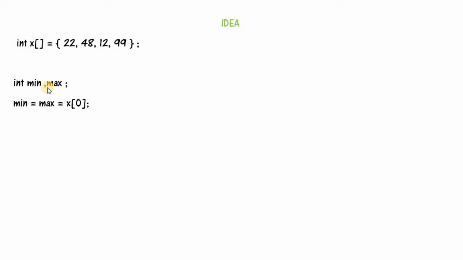Before moving to the actual program, let's try to understand the basic idea of finding the largest and smallest element in an array. Suppose we have this array which contains 4 elements: 22, 48, 12, 99, and apart from this we have two variables, min and max.